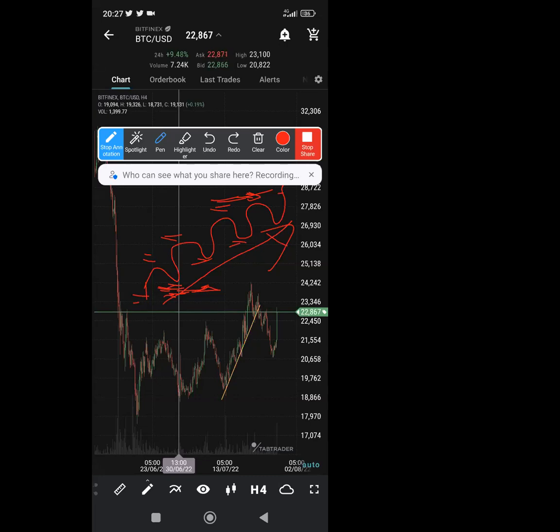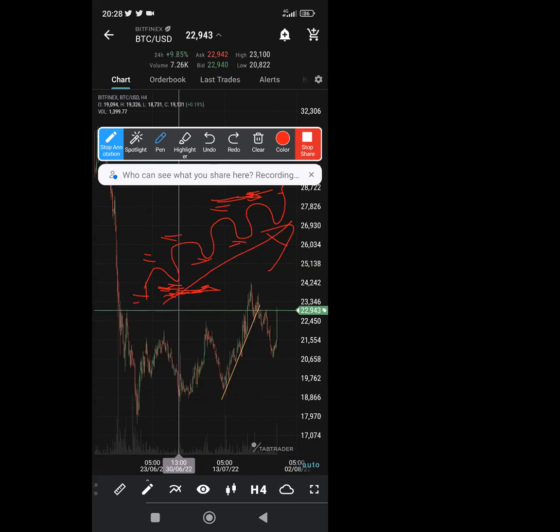A trader wants to buy low and sell high. For a trader to get into this market quickly, you need to understand the concept of trends. The concept of trends tells you that, number one, when you have maybe a market going down.